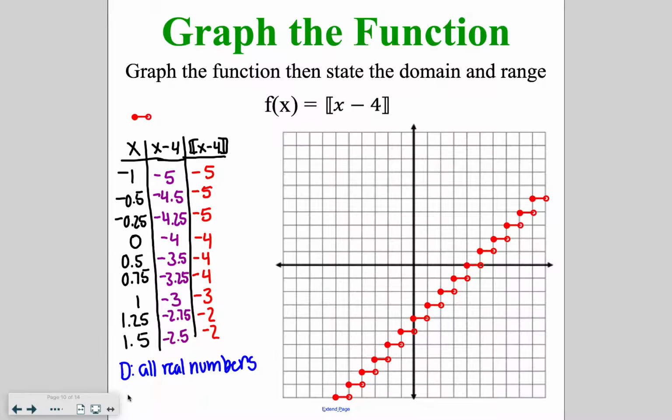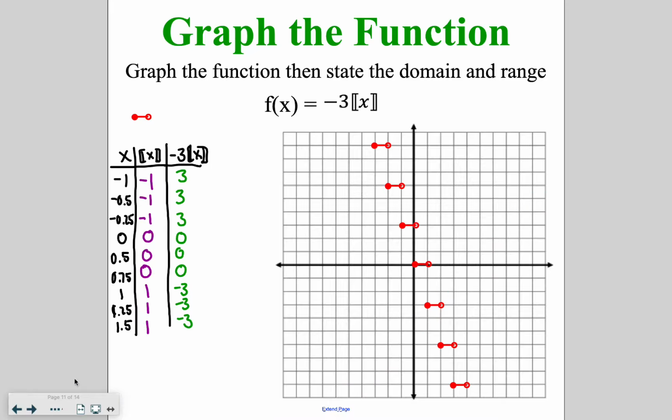The second part here is, as I look at my steps, I have all of the values here, which would be at negative 10, negative 9, negative 8, negative 7, negative 6, negative 5. So all of those values are all integers because there are no fractions or decimals included in the final answers of our steps.